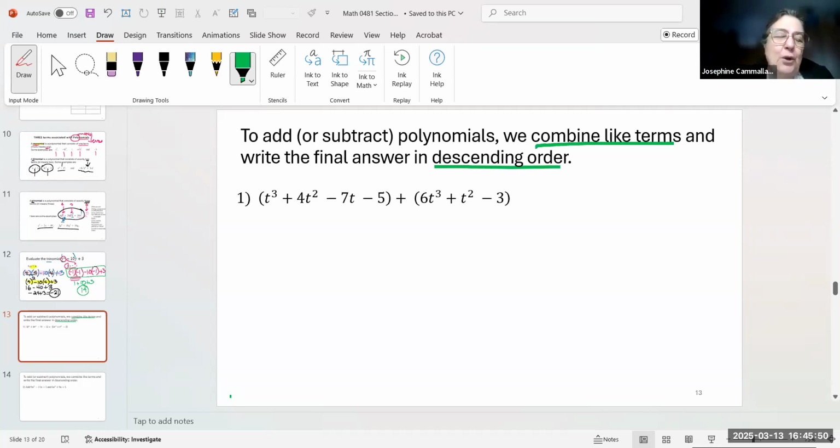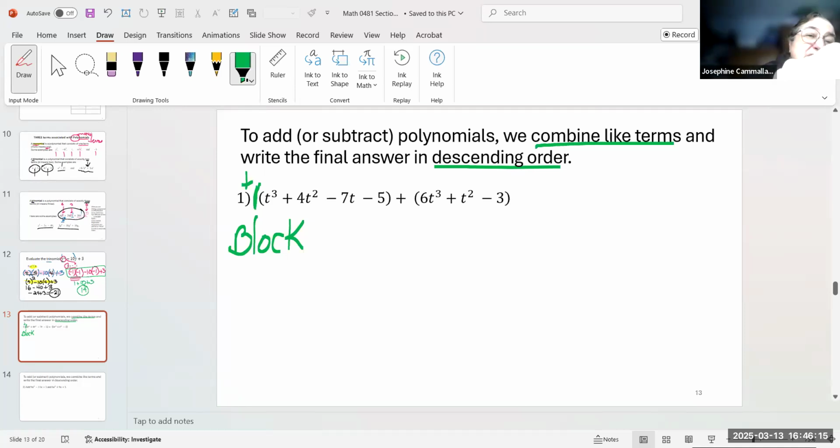Now, when this happens, I like to do something called block. Okay, and you're going to say, what's the block method? Well, the block method is I have a positive 1 out in front of this parentheses.